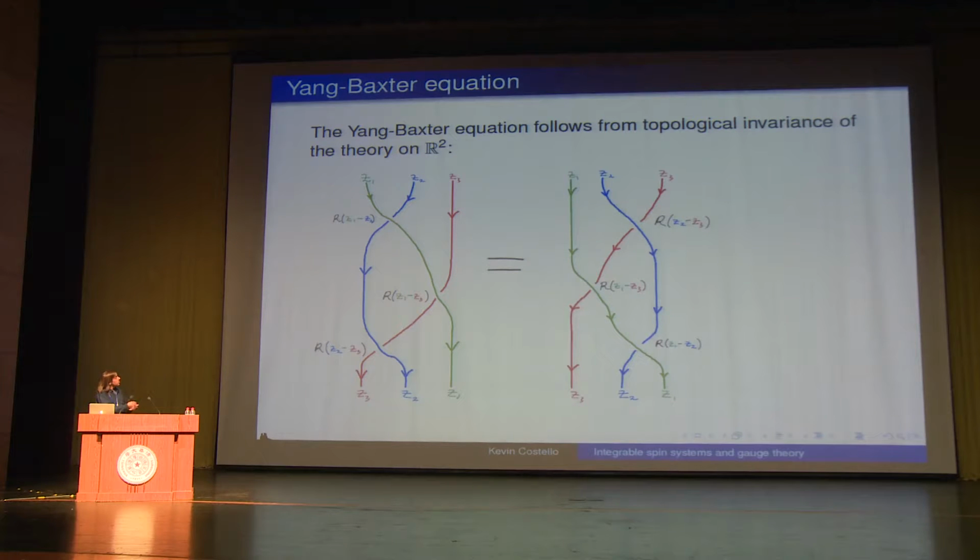And that leads to an equation on this R matrix. And that equation just is the Yang-Baxter equation. So in the same way as the Yang-Baxter equation studied by Reshetikhin and Turaev arises from topological invariance of Wilson lines in Chern-Simons theory, the Yang-Baxter equation with spectral parameter arises from topological invariance in this 4-dimensional theory.